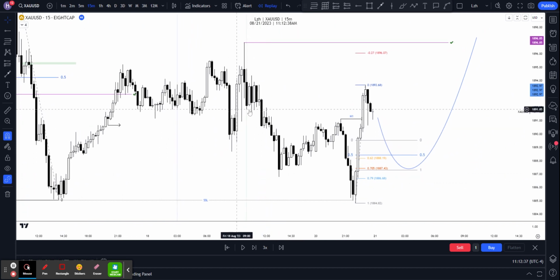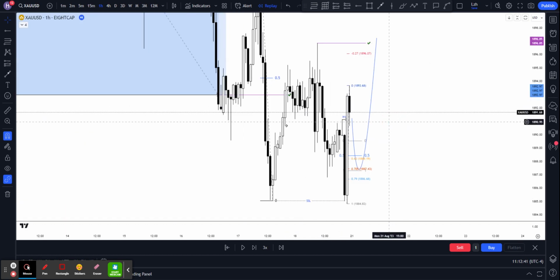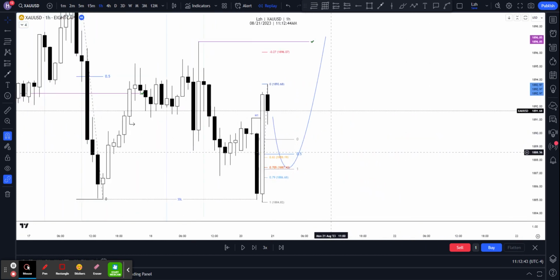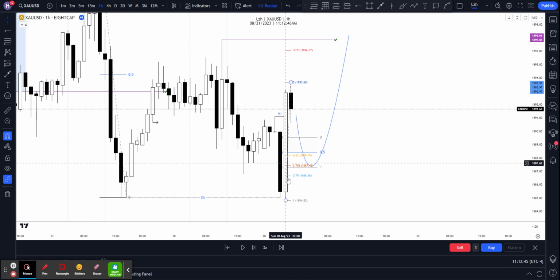On a 1 hour time frame, basically on the hourly candle, we can see that there is a huge candle displacement upside, which broke the structure. That means that we actually have a higher high formed within this internal structure.